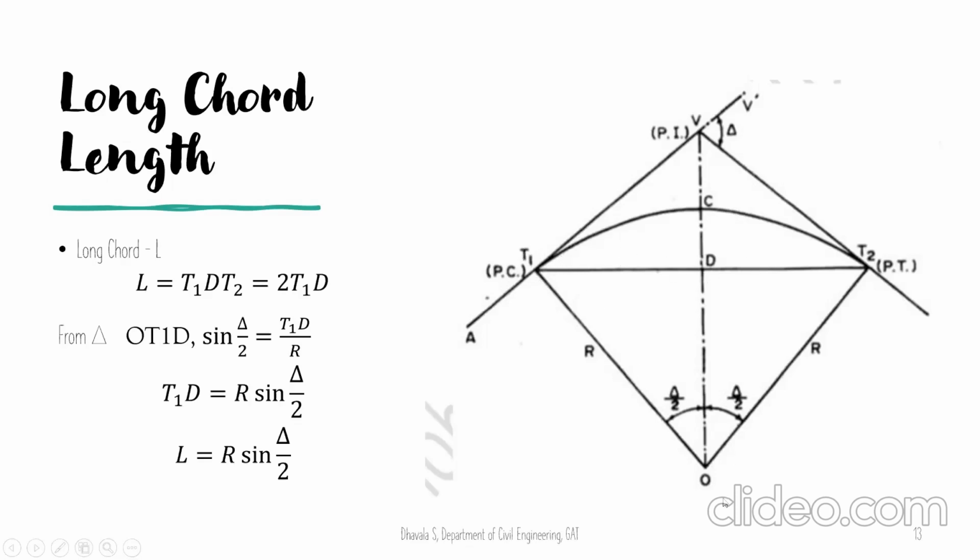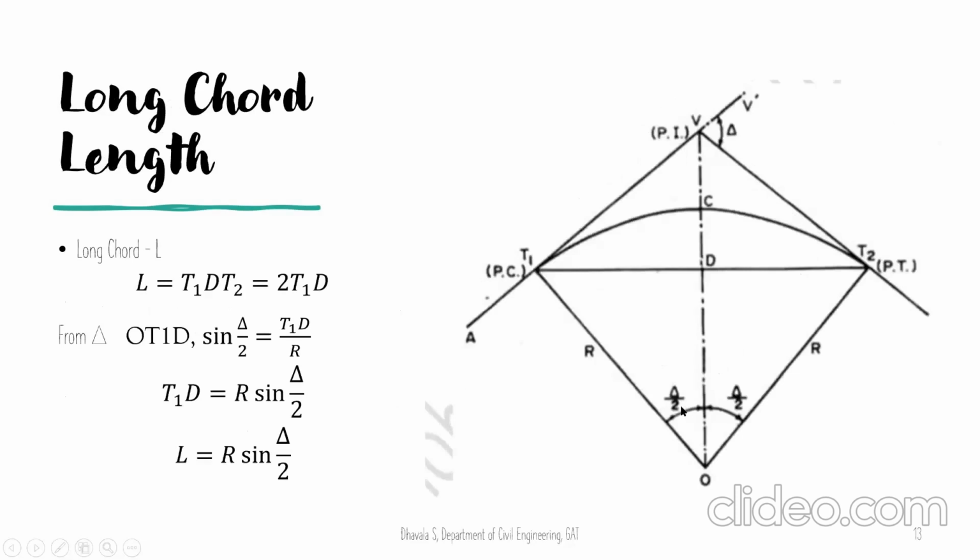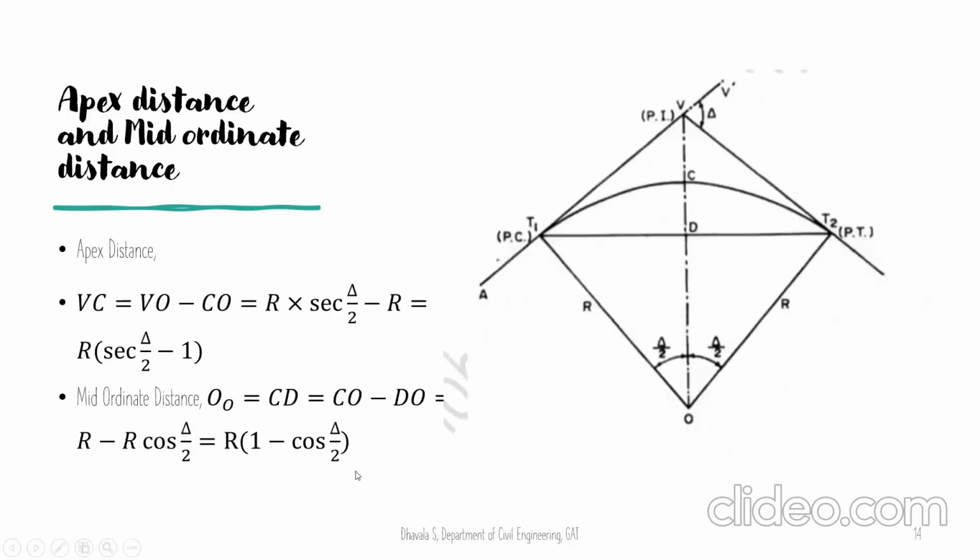In the triangle OT1D, using sine theta formula, sine of delta by 2 will be equal to opposite by hypotenuse. Opposite is nothing but T1D. Hypotenuse is R. Hence, the equation becomes T1D equal to R into sine of delta by 2. That is, capital L is equal to 2 R into sine of delta by 2.